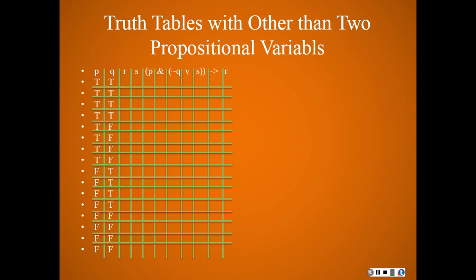Okay, now moving on to R. What I'm going to do is take the first 4 true rows for Q, cut those true rows in half and devote the first half of them, namely the first 2 of them, to true rows for R. And then I'm going to let the other half of those true rows for Q be false rows for R. So that gives me true, true, false, false for R up top.